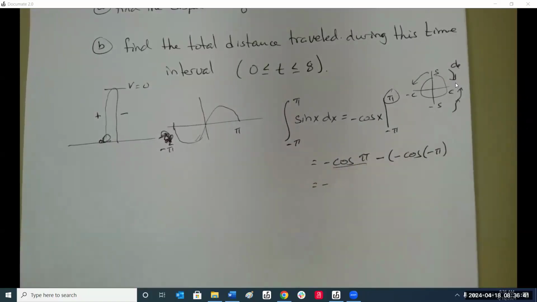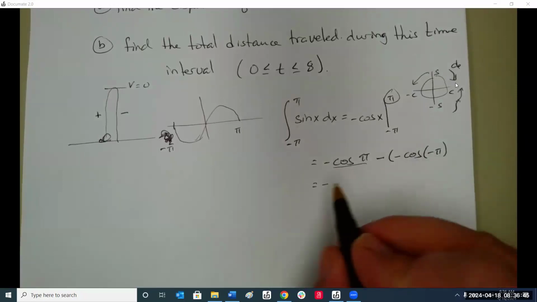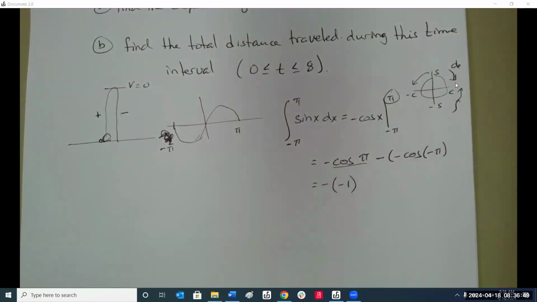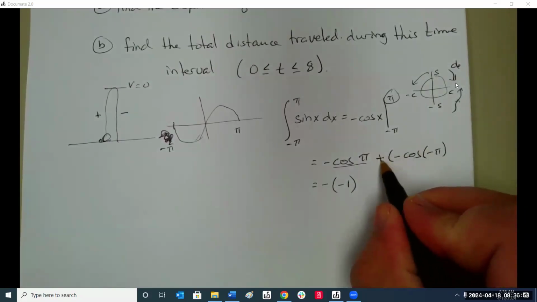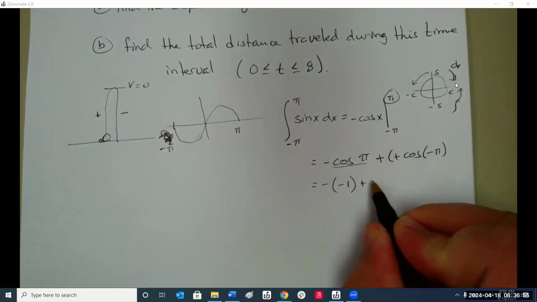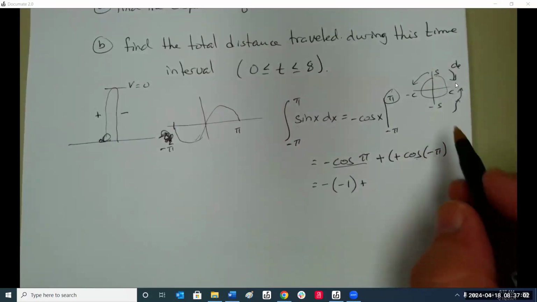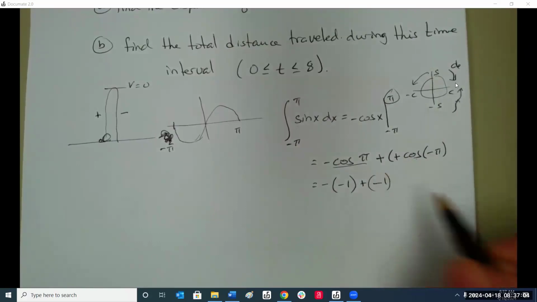What's the cosine at pi? -1. So they cancel each other, so it's plus. What's the cosine at negative pi? -1.